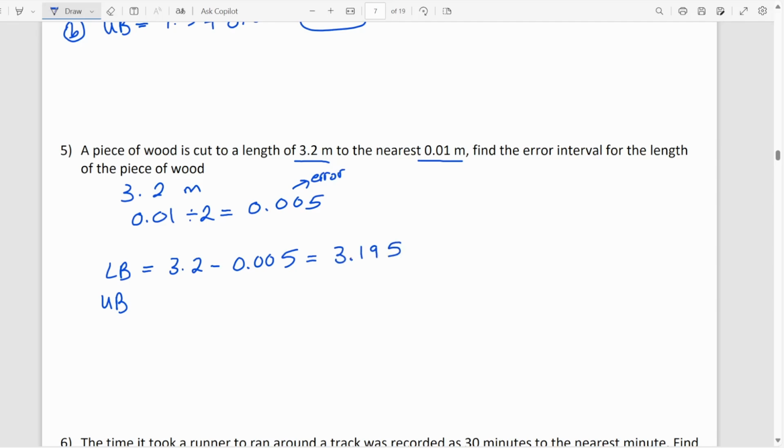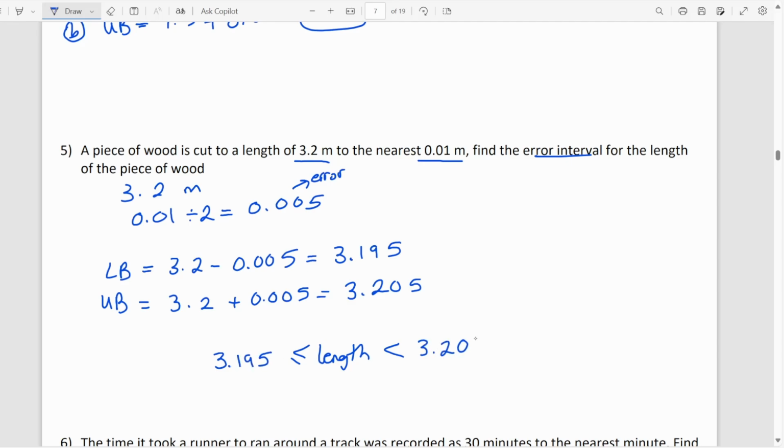Okay. And the upper bound is 3.2 plus 0.005. And we get 3.205. Okay. So the error interval is the length, which is between 3.195 and 3.205.